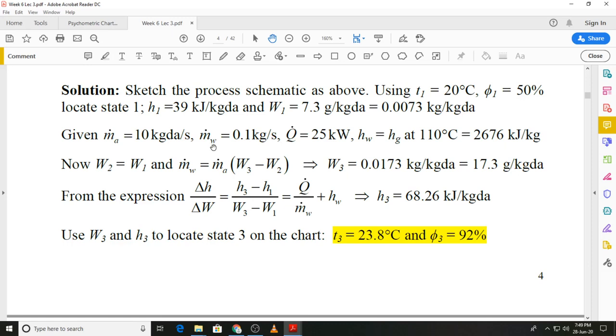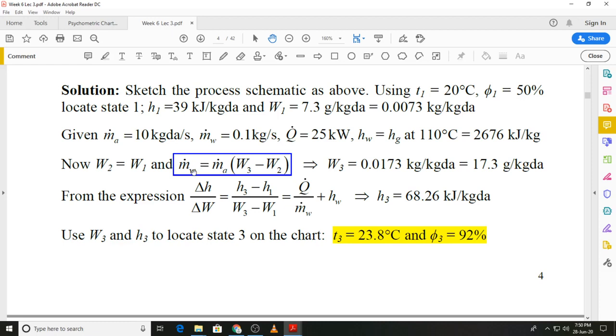The mass balance for water vapor is the equation m dot w is equal to m dot a into (W3 minus W2), and remember W2 is the same as W1 because from 1 to 2 we have a sensible heating process during which the humidity ratio remains constant.